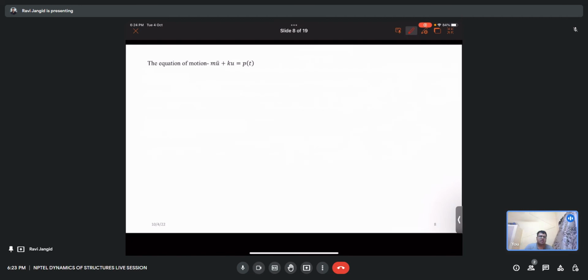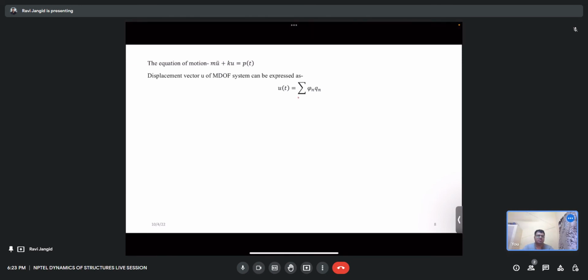The equation of motion for a single degree of freedom system is m u double dot plus k u equal to p(t), and the displacement vector of the multi-degree of freedom system is u(t) equal to the summation over n of phi n q n. The equation of motion is given in terms of q n, which is the modal response: Mn Qn double dot plus Kn Qn equals Pn(t), where Mn, Kn, and Pn are the generalized properties.